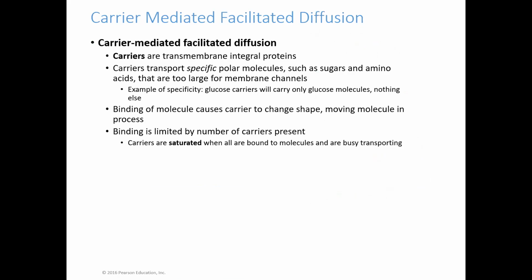So again, these are integral proteins. They can take sugars across, they can take amino acids across. The carrier protein molecule simply changes its shape when the substance that we want to get across the membrane lands on it. There's no energy involved.